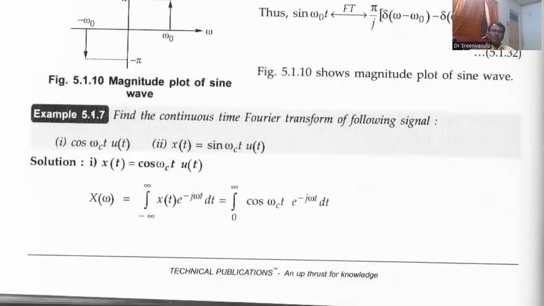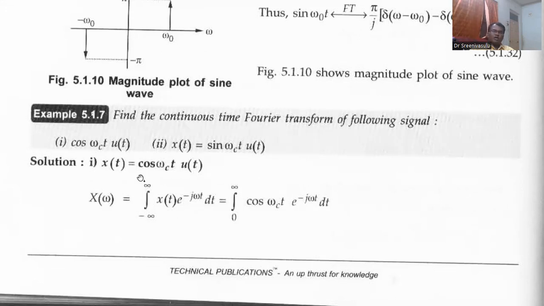Now, let us see another problem. Find the continuous time Fourier transform of the following signals. The signals given are cos omega naught t u of t, and another signal, sin omega naught t u of t.